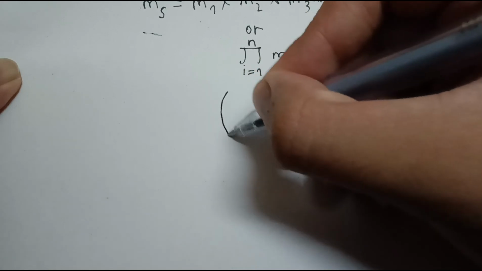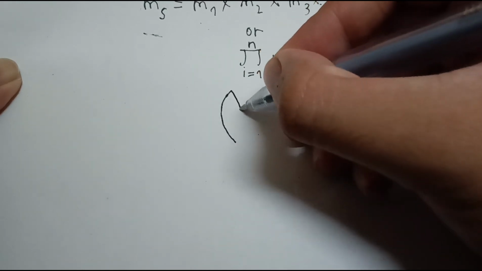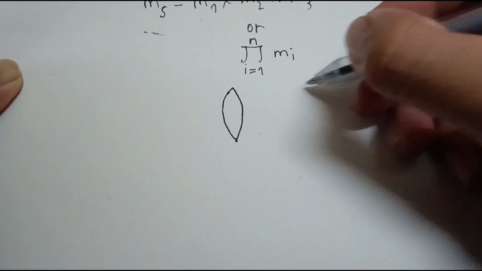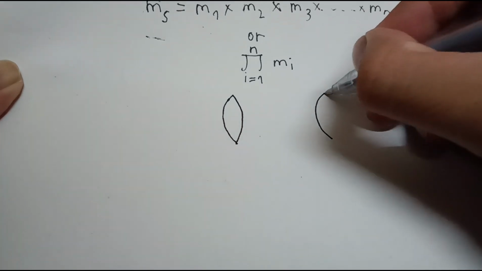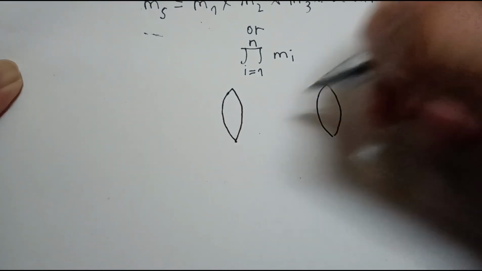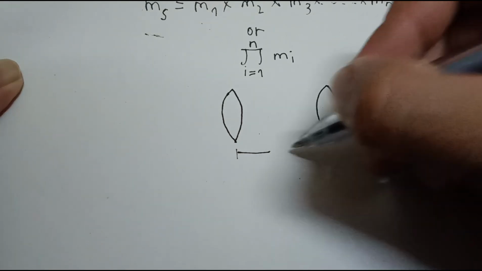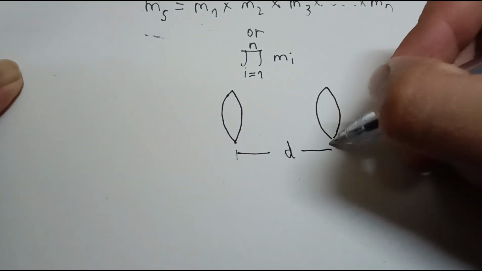First, we are going to take two convex lenses. In this formula, it doesn't matter the distance between them, but still we are going to consider it's d.